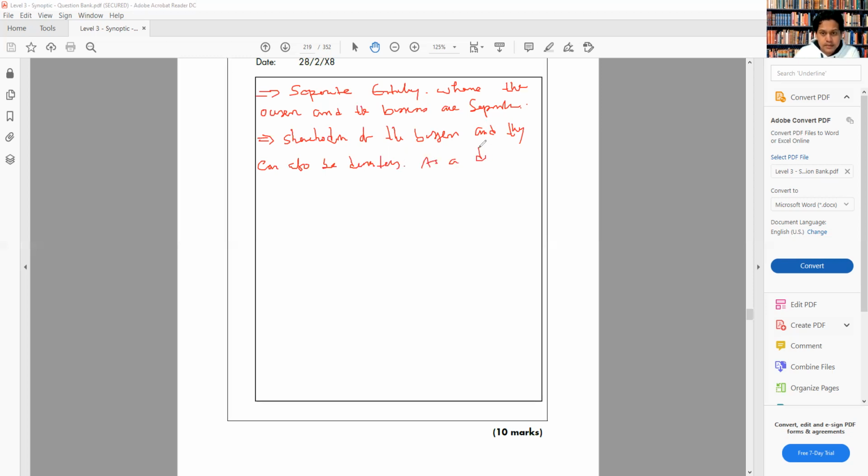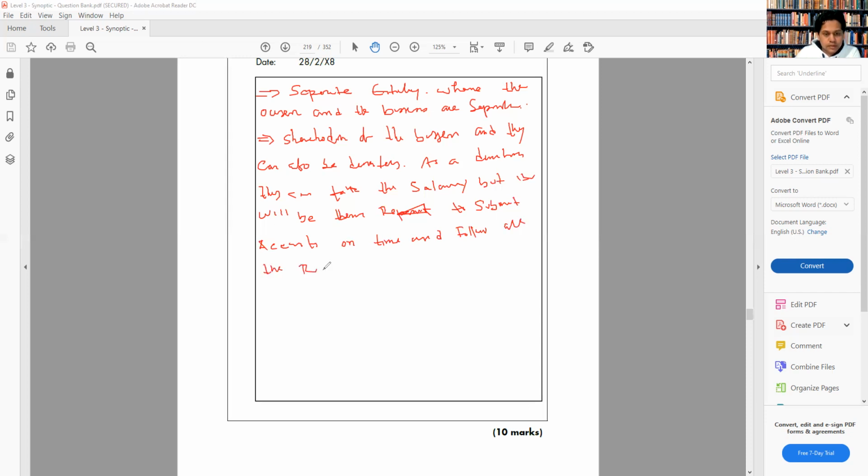As directors, they can take a salary from the business, but it will be their responsibility to submit accounts on time and follow all the regulations of the Companies Act.